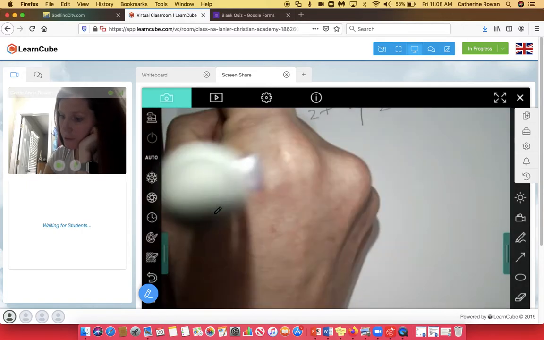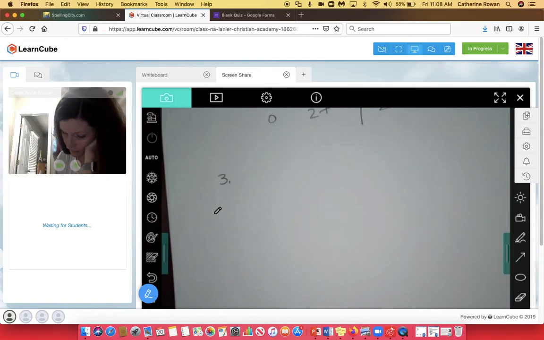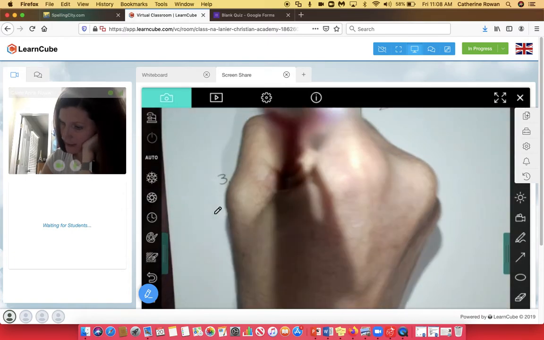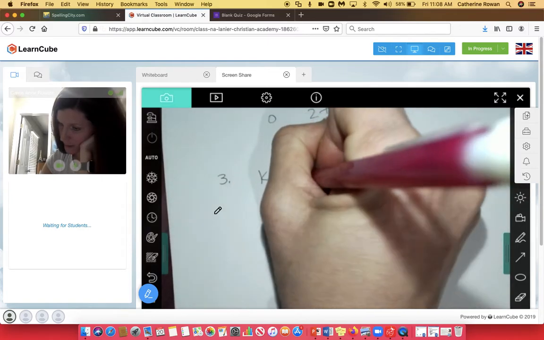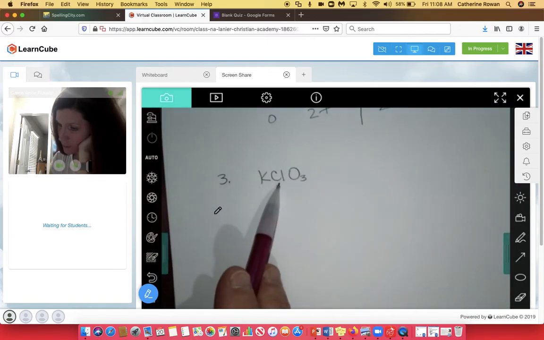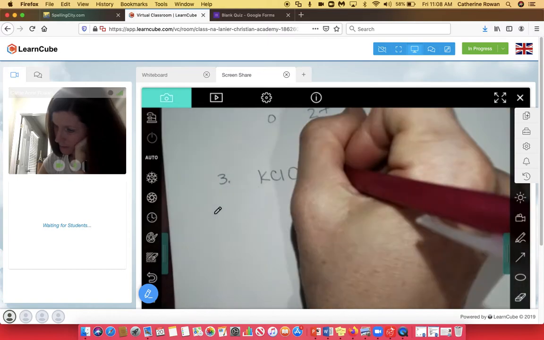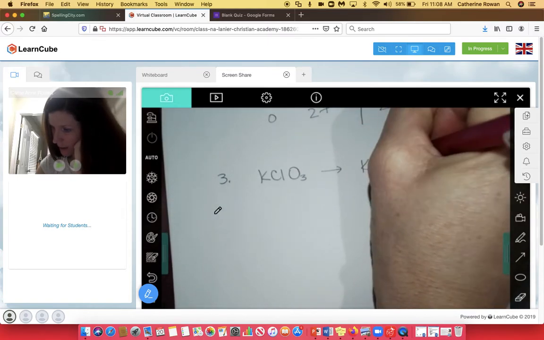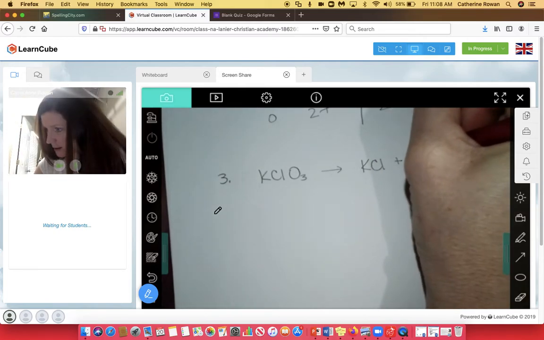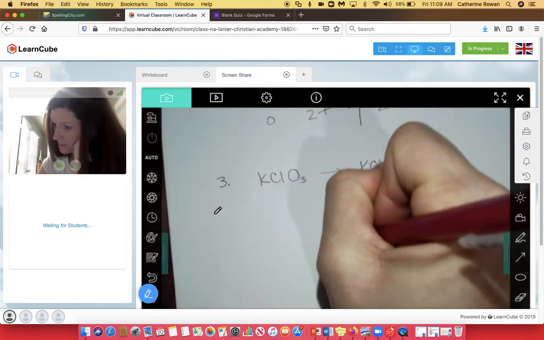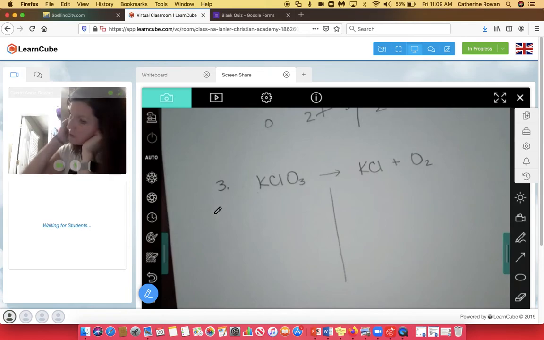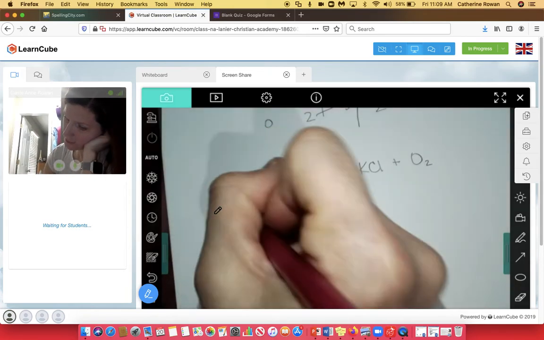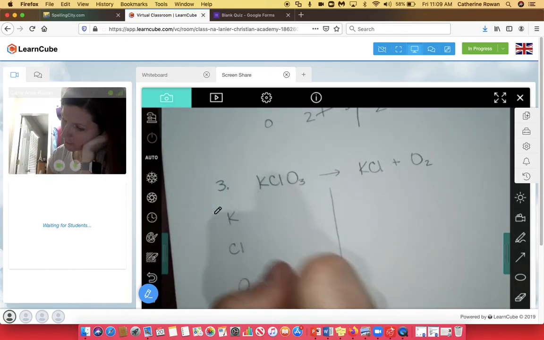Okay, number 3. We have KClO3, which is potassium chlorate, yields potassium chloride plus oxygen gas. Okay, so I have potassium, I have chlorine, and I have oxygen.